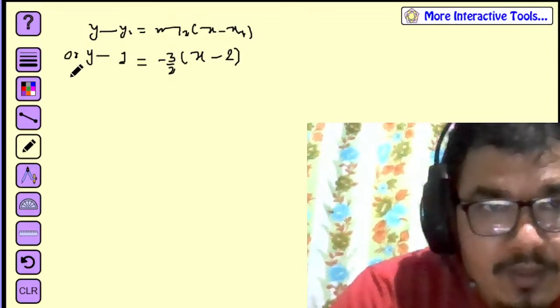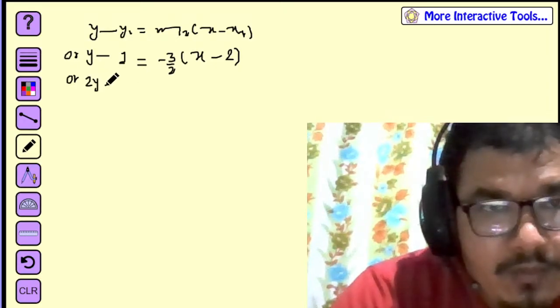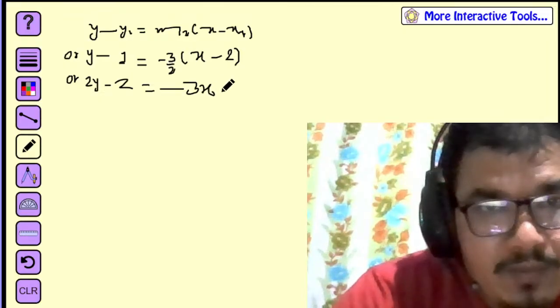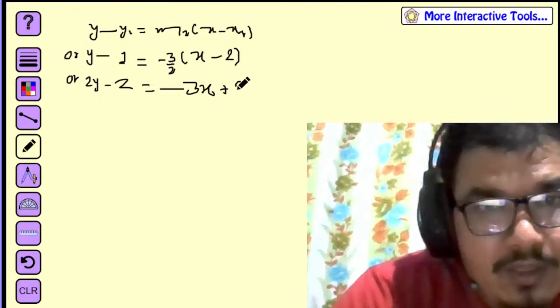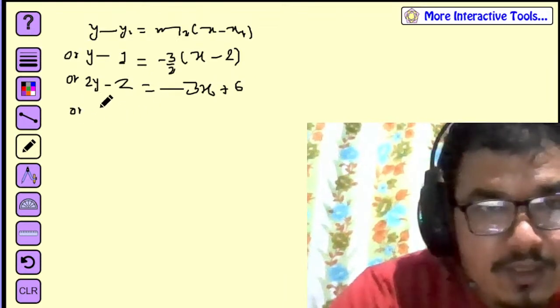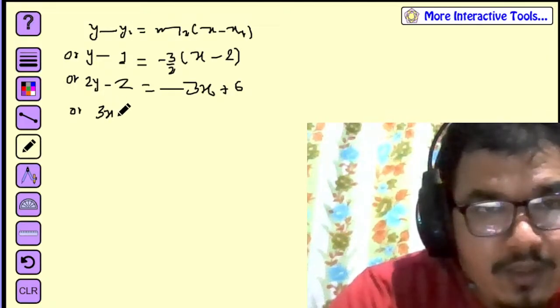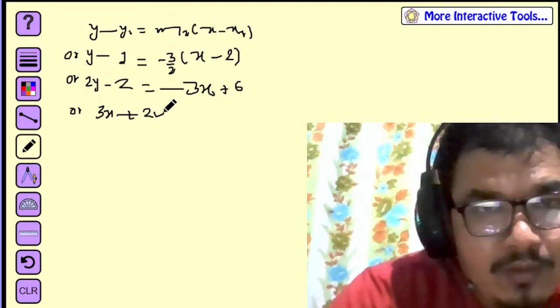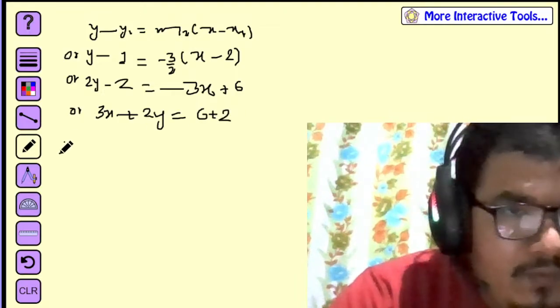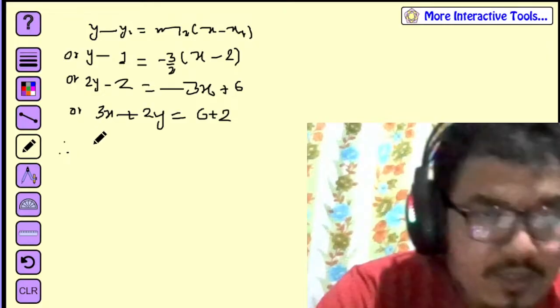When you bring this across, it will be multiplied: 2y minus 2 equals minus 3x, minus minus plus, plus 6. Now let's bring all terms to one side: 3x plus 2y equals 6 plus 2.